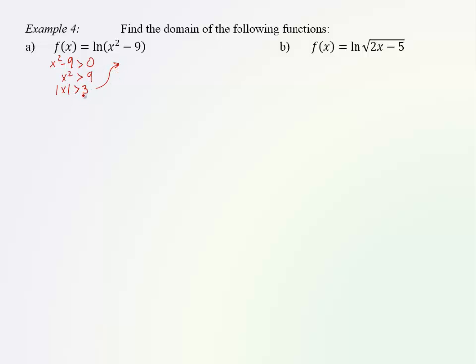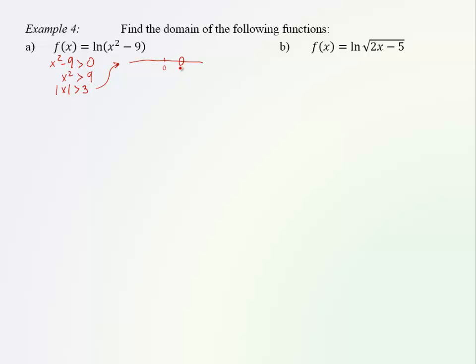Okay, so how do we solve this kind of inequality? I'm looking for x's that are farther than 3 steps from 0. Okay, I can picture it out on the number line. If this is, for example, 0, I need to go more than 3 steps either way from 0.